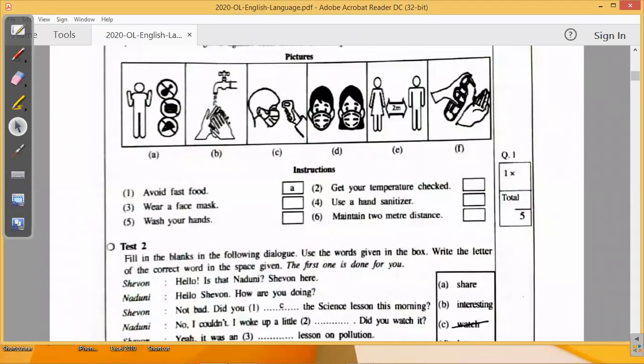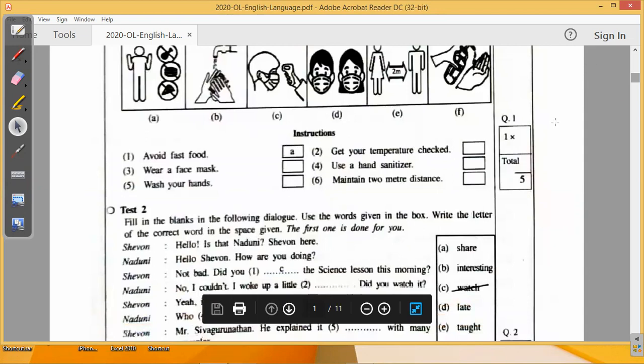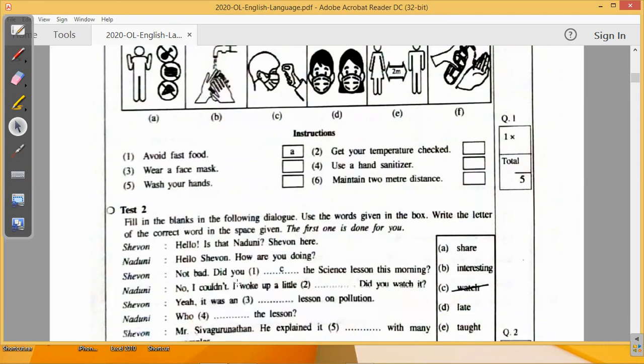Right, now this is the second question. Fill in the blanks in the following dialogue. Now there's a dialogue given below where there are blanks that need to be filled, right? Use the words given in the box.